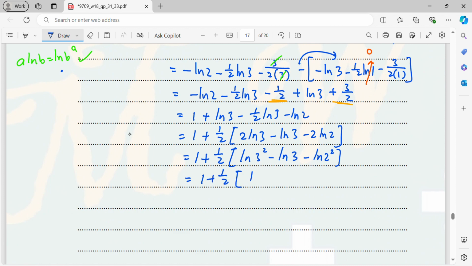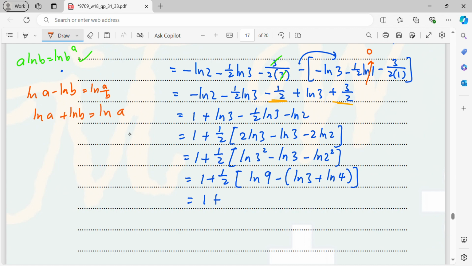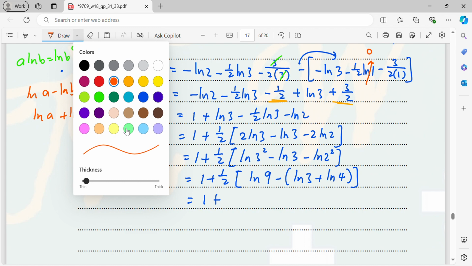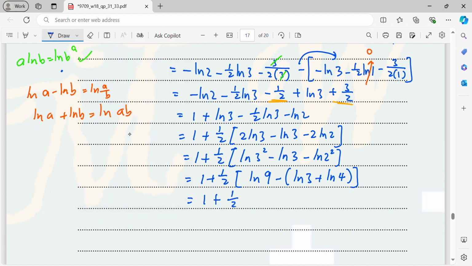So ln 3 squared is basically ln 9. Then minus ln 3 plus ln 2 squared is 4. That means now I will combine the ln. So ln a minus ln b, that is ln a over b. At the same time, ln a plus ln b, you will be getting ln a times b. So it means that now I will write half ln. You see here 9 minus means divide.